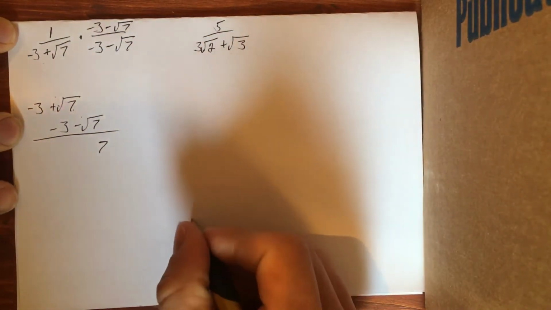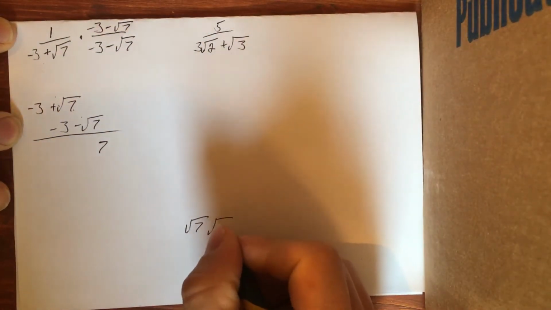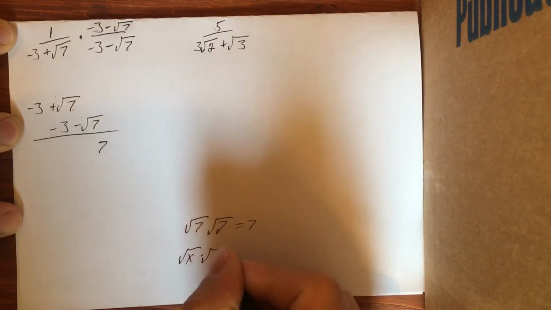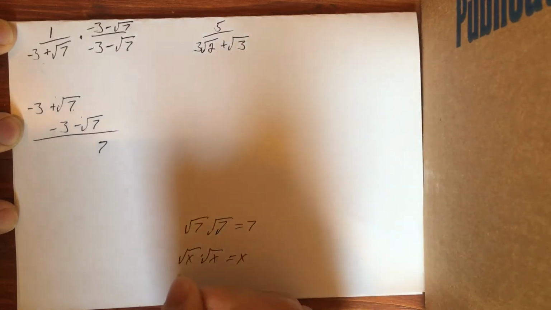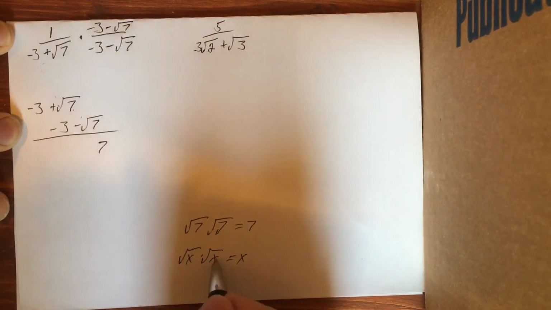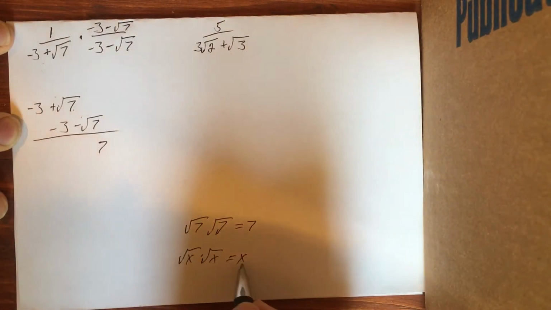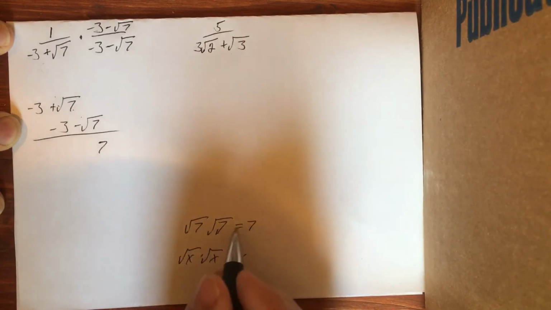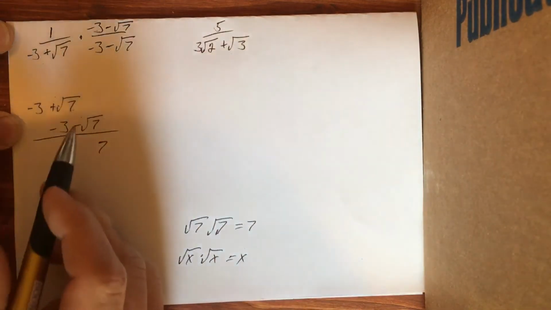Remember that rule: the square root of x times the square root of x equals x, because it's basically the square root squared. So just remember that. Probably you do already.